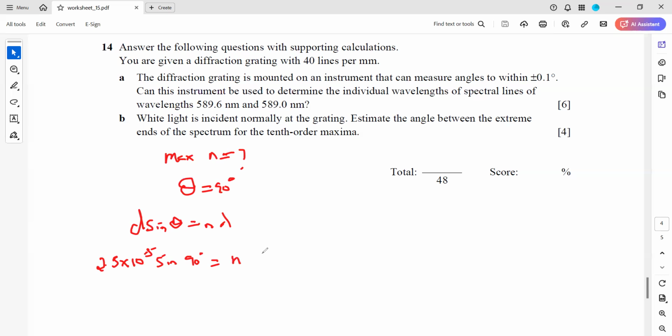Which lambda should I use? 589.6 exponent minus 9. Why am I using this? Because this is the one which diffracts more, so that is the maximum number it can have. The other will have some too, but this can have the maximum number. When you solve for n, it comes out 42.4. So 42.4 means I have to take it as 42.